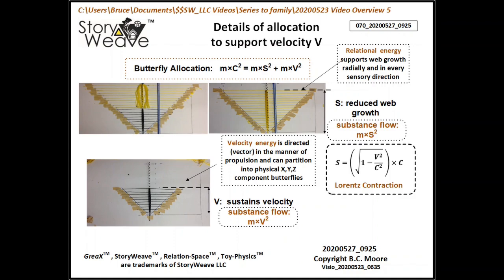Now it's shown here as a butterfly, and later in the book, that energy is actually directed to support velocity. On the right-hand side of this diagram, you see the Lorentz contraction equation, and that is the relation between the original butterfly and the remainder that supports web growth. It contracts in the manner of the Lorentz contraction. The higher the velocity, the more that web growth contracts.